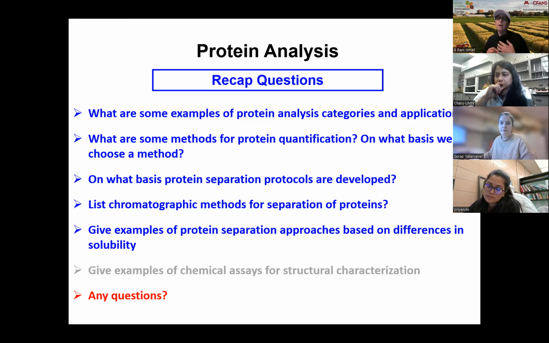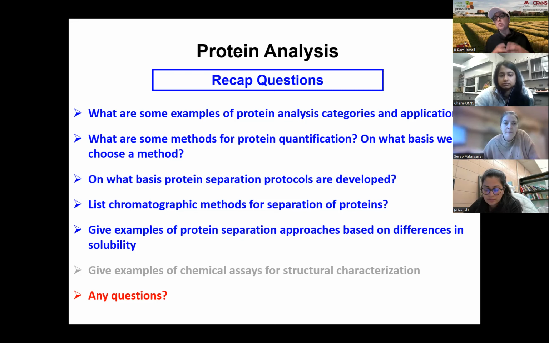So basically what we know about its composition. Is it high in basic amino acids? Is it very soluble in water? What is the temperature of denaturation? What's the isoelectric point of the protein? So what do we know about it?